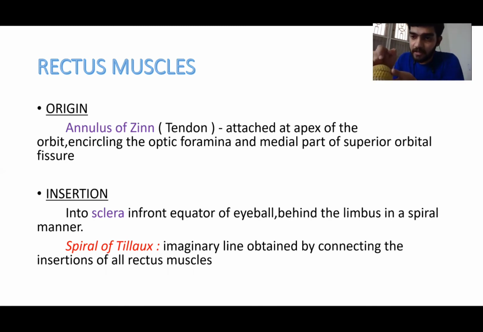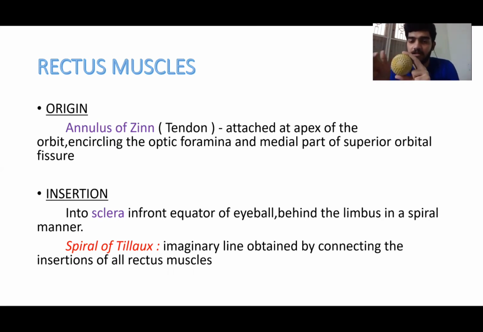Here is the equator of the eyeball, and here is the insertion of superior rectus, and here is the equator, and here is the insertion of the inferior rectus, and here is the equator, and here is the insertion of medial rectus, and here is the insertion of lateral rectus.